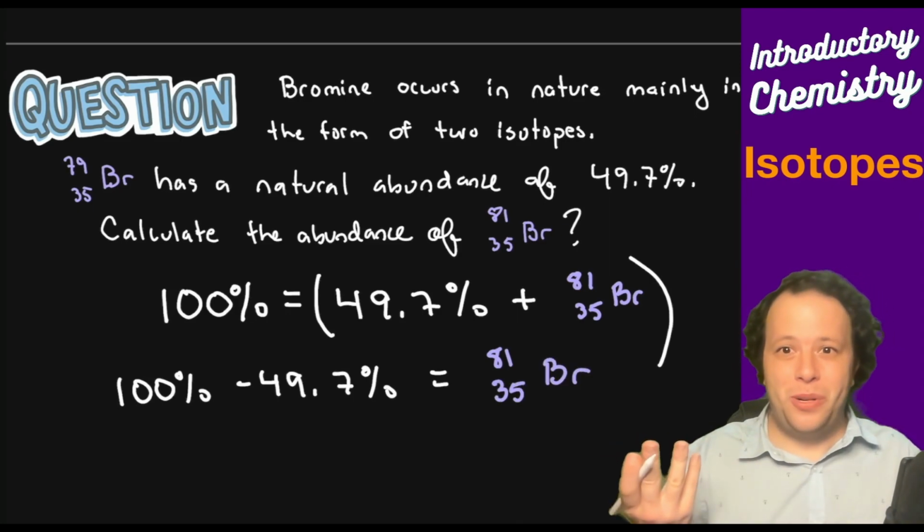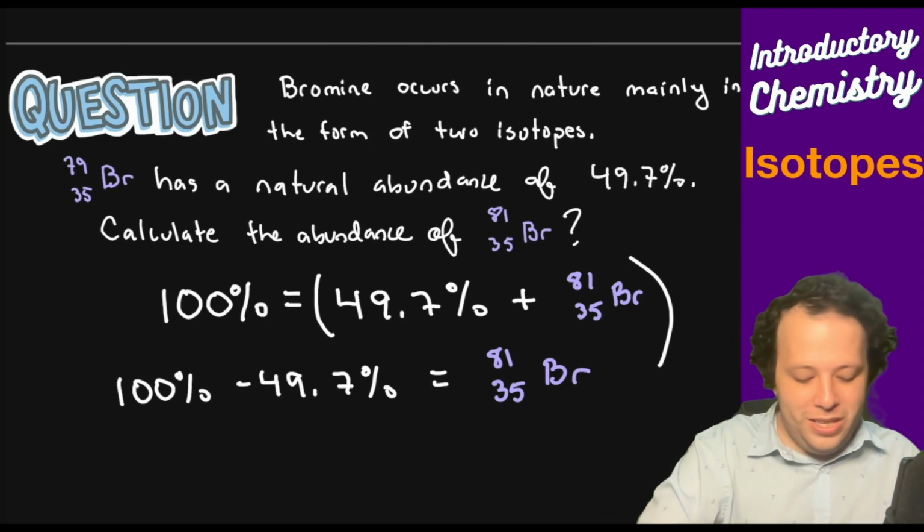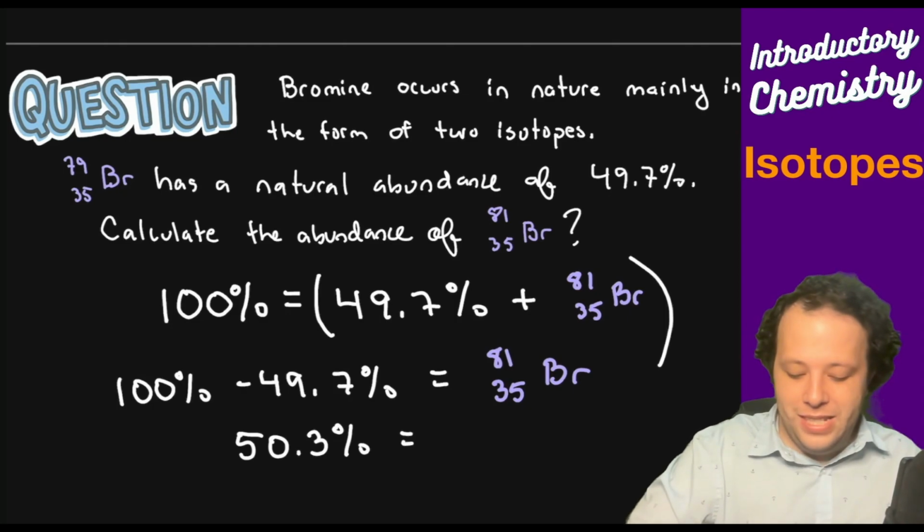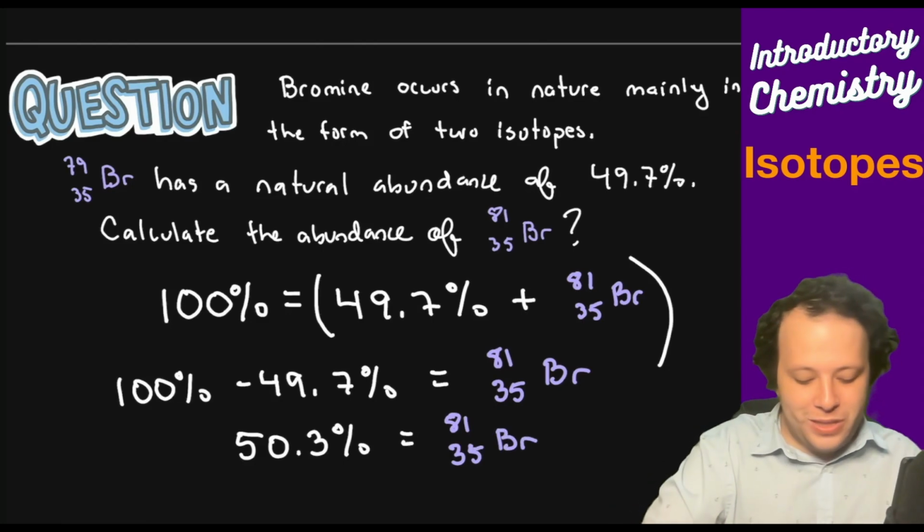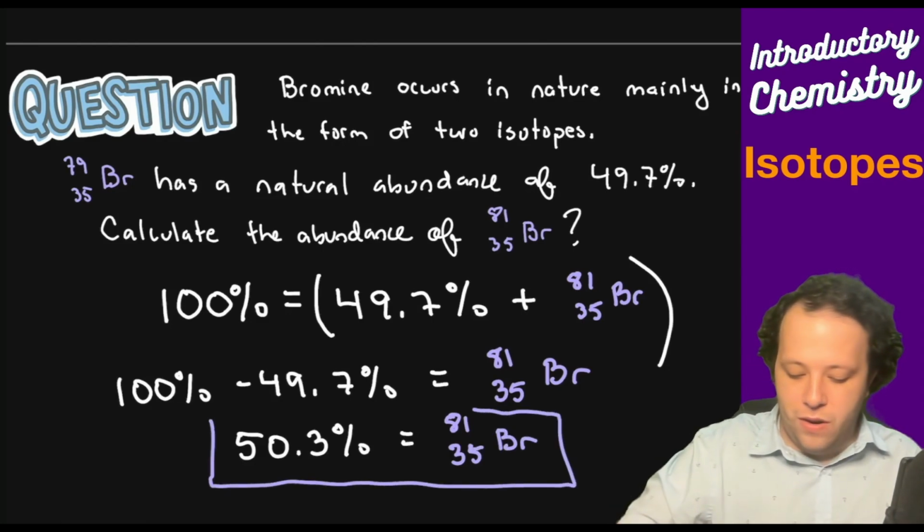So 100 minus 49.7, and what you will get is 50.3%.